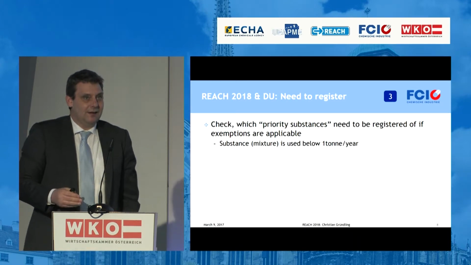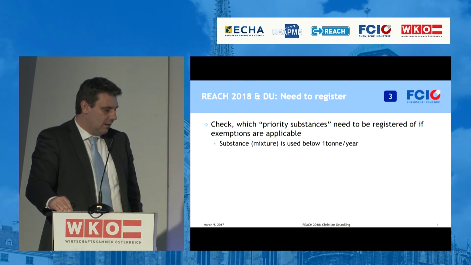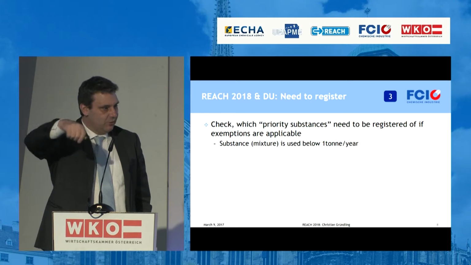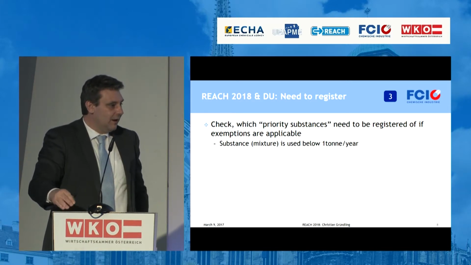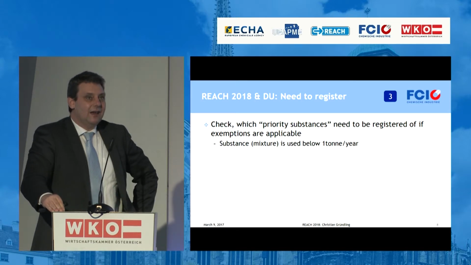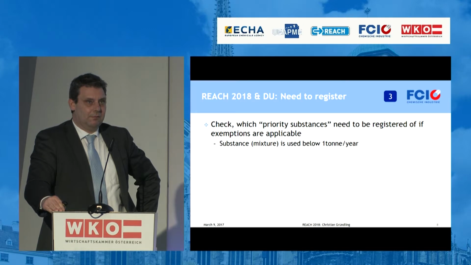Okay, next step. Now we have all the substances critical for my business which are registered. Then there are some which are not registered, which need to be registered. Then I check, are exemptions applicable?